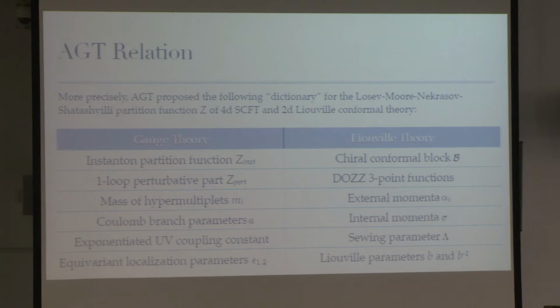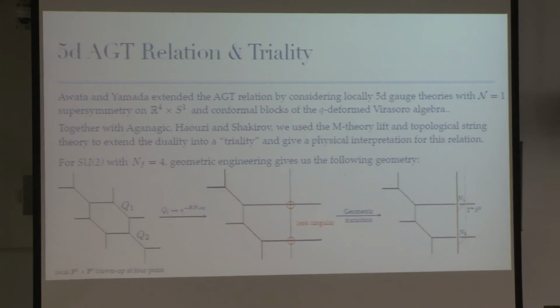And Coulomb branch parameters are your internal momenta running in the conformal block. The coupling constant, the instanton counting parameter, is related to the cross-ratio, the position of the punctures. And the equivariant localization parameters, which people have used to deform R4 to this omega background, are mapped to the Liouville parameters.